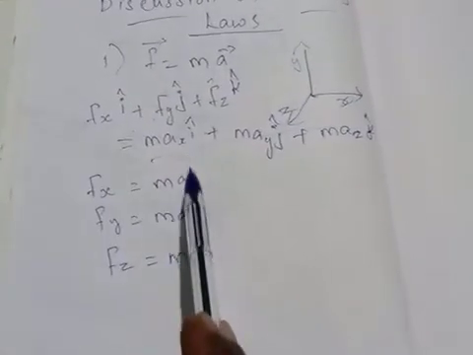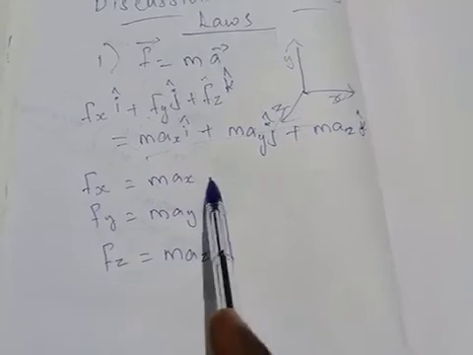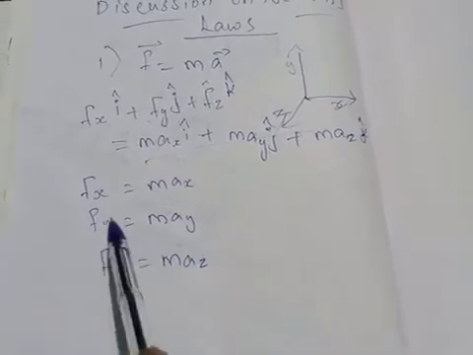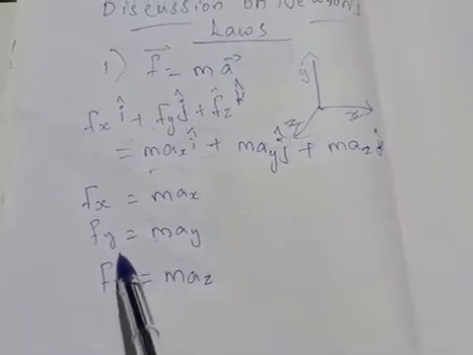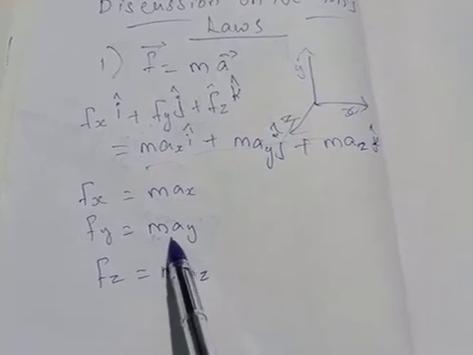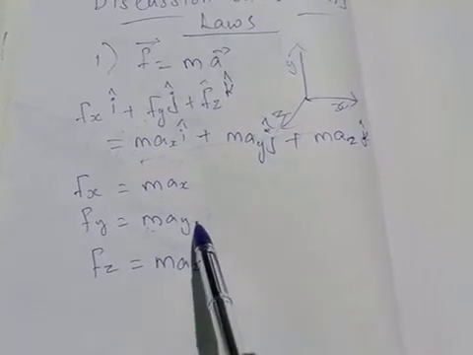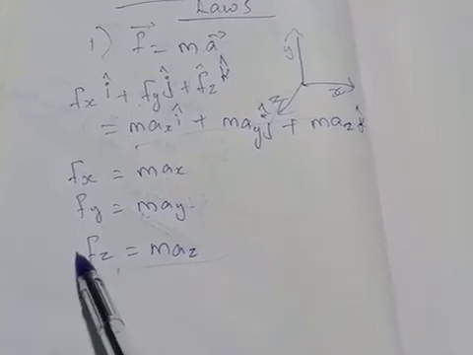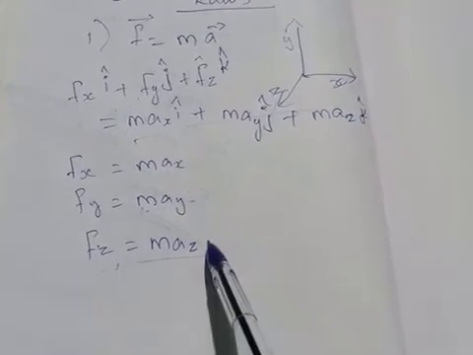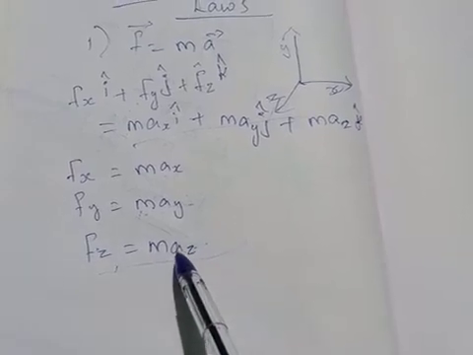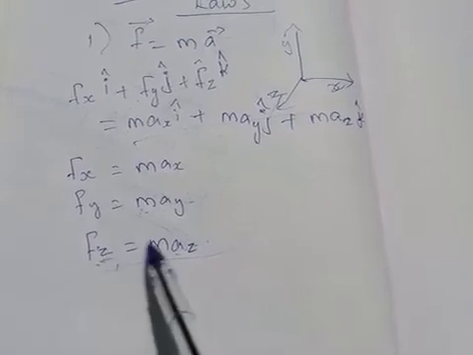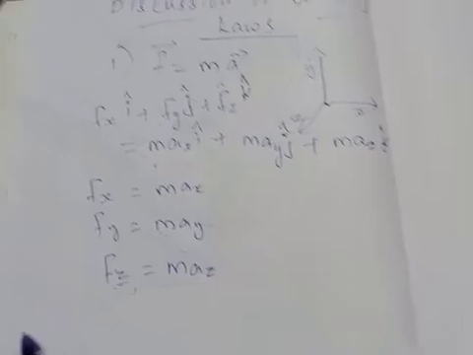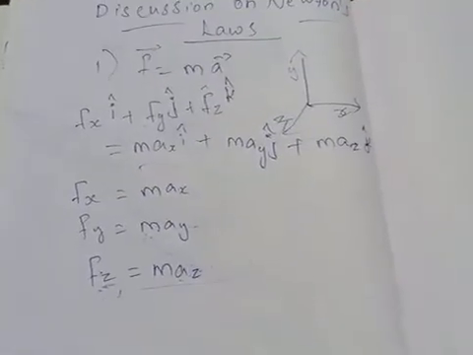The acceleration along the y direction depends upon the component of force acting in the y direction. And the force acting in the z direction determines the acceleration in the z direction.